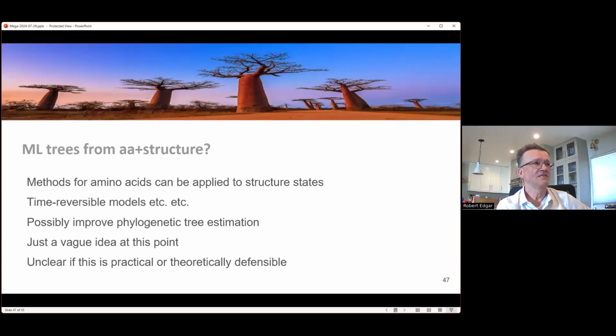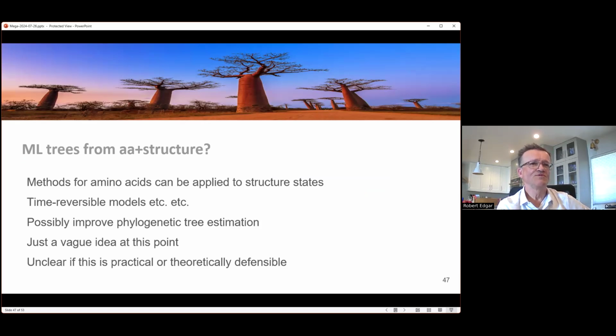Another direction is we can think about, well, now we have these discrete state models. All of the machinery that's currently applied to maximum likelihood for amino acid can potentially be applied to structure states. And we might be able to improve maximum likelihood tree estimation.